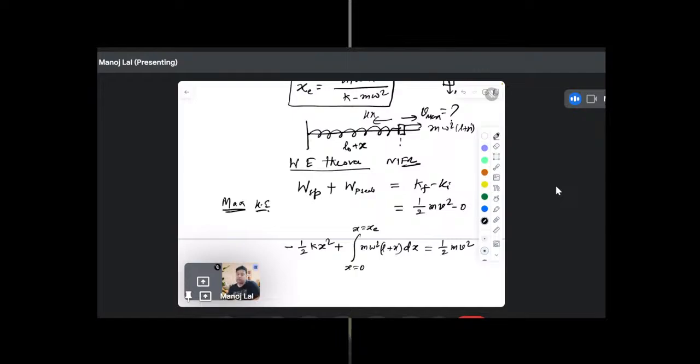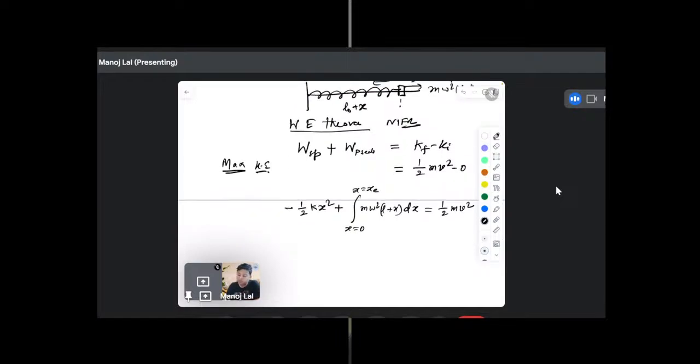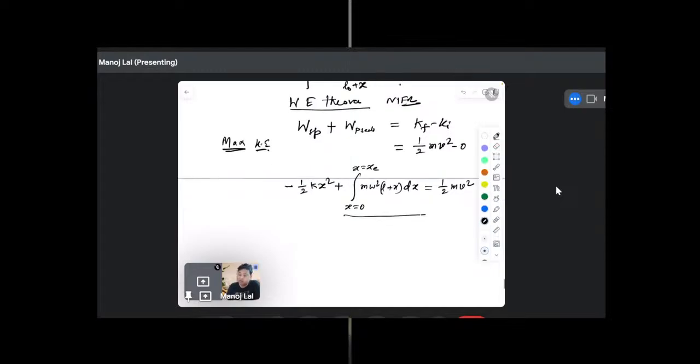So let me do the calculation. Let me do this part first. This integration: let me write m omega square outside, it will be the integral of (L plus x) dx, from 0 to x e.